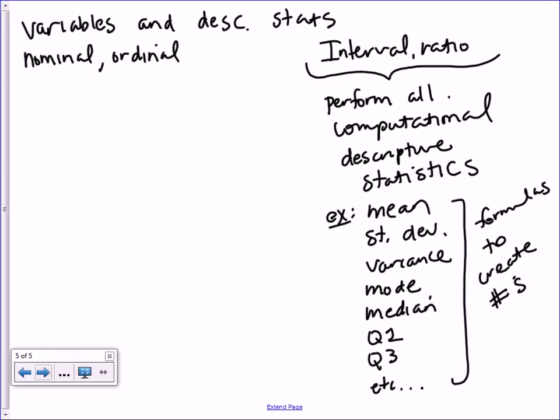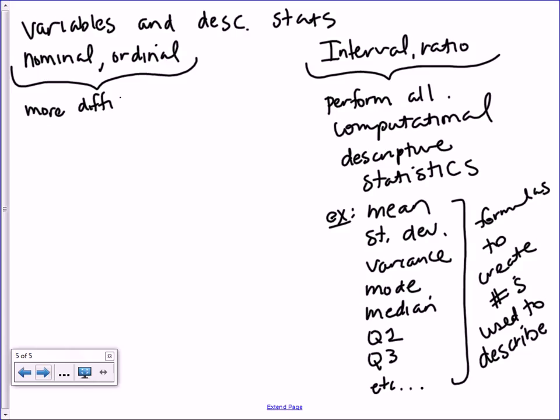So there are formulas that we'll learn, formulas that create numbers used to describe. Versus if we have nominal and ordinal, you have to transform them to perform the computational descriptive statistics, so it's more difficult to perform them.